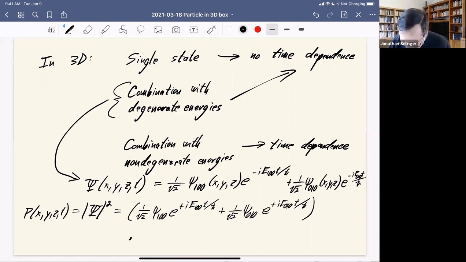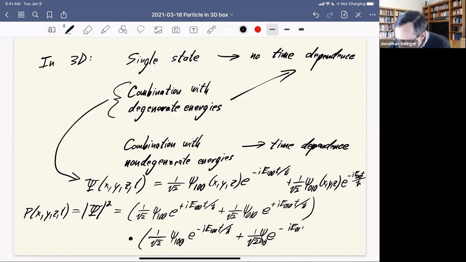And then I'll multiply that times the original function: 1/√2 psi 1, 0, 0 e to the minus i E 1, 0, 0 t over h bar plus 1 over root 2 psi 0, 1, 0 e to the minus i E 0, 1, 0 t over h bar.